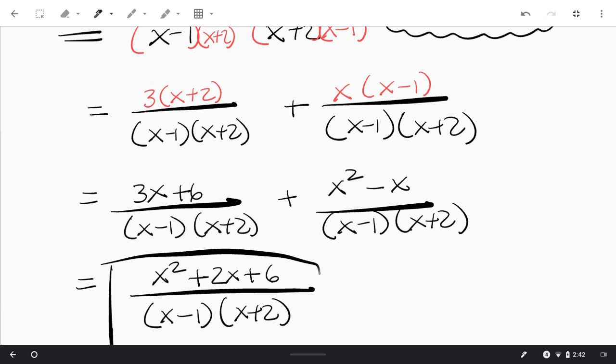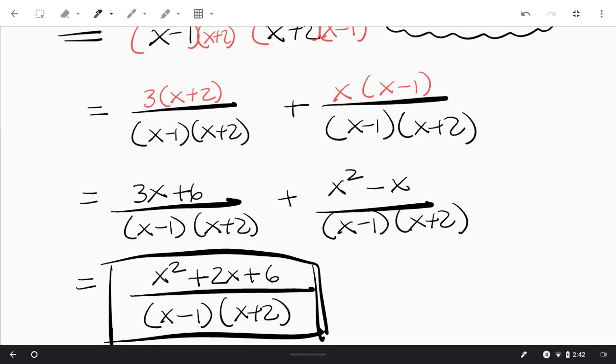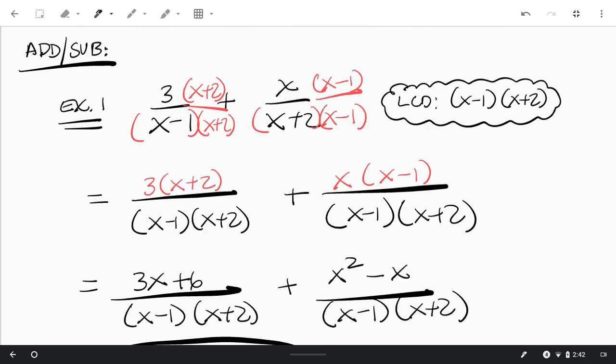Okay. All right, so that is pretty much it. So you basically have to factor and come up with your LCD. And again, your LCD will be made up of the bases and the highest exponent on them.